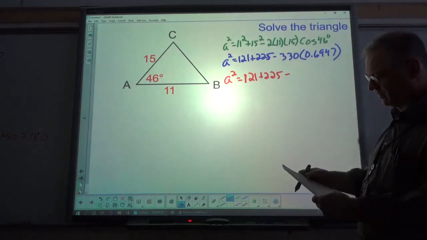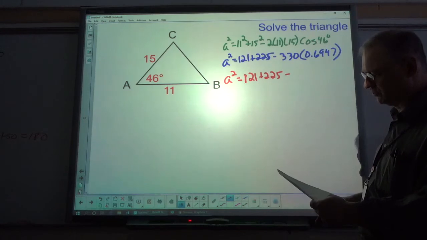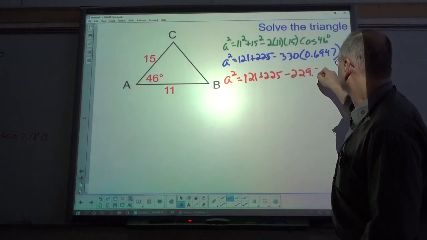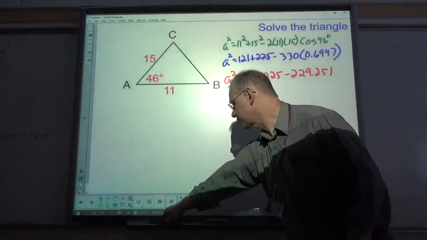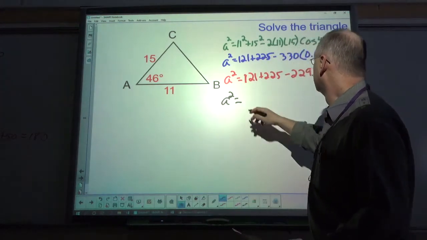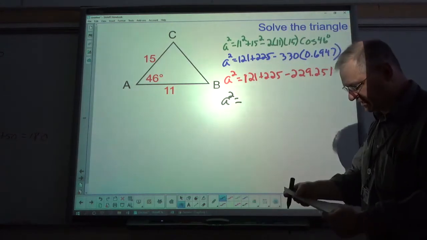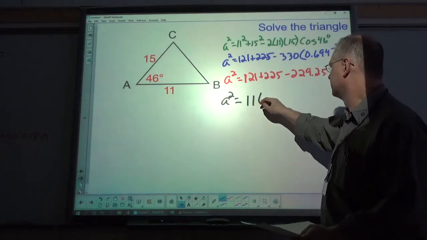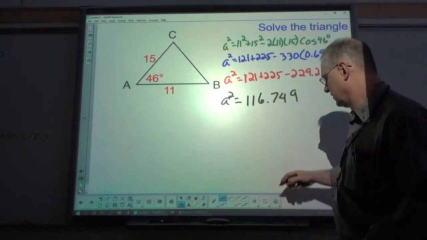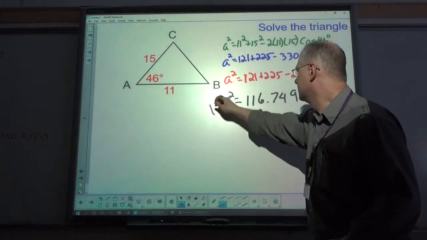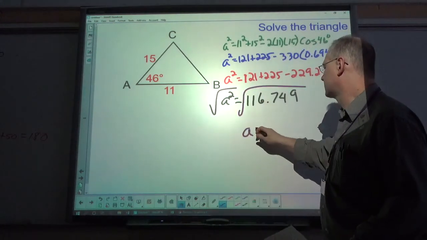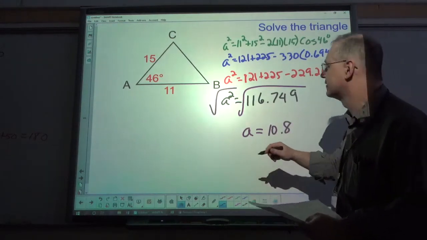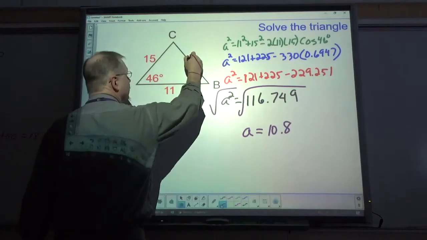And that's going to give me 229.251. Now I combine all of this together, and it gives me 116.749. And then, of course, I have to take the square root to find A. A is 10.8.